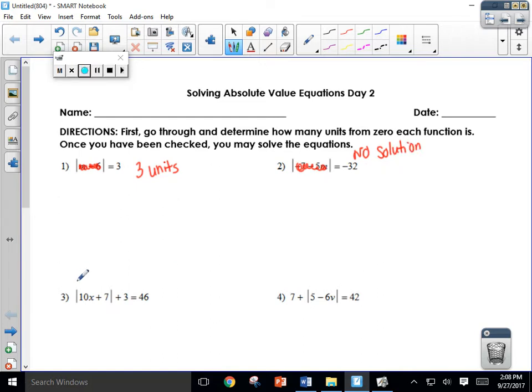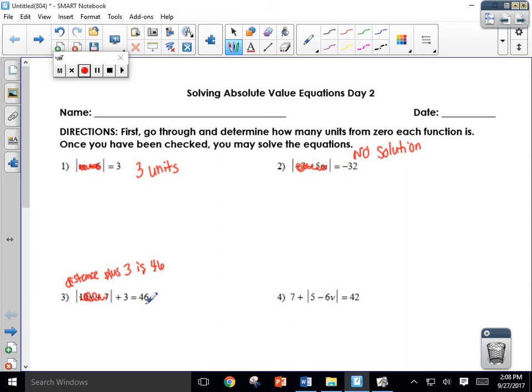Now this one says the distance plus 3 is 46. Not the distance is 46, it says the distance plus 3 is 46.